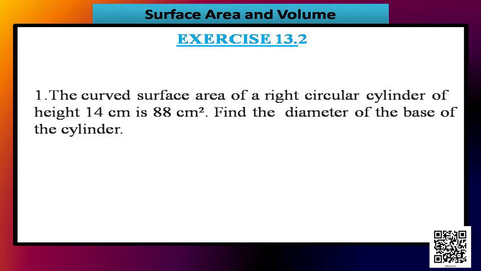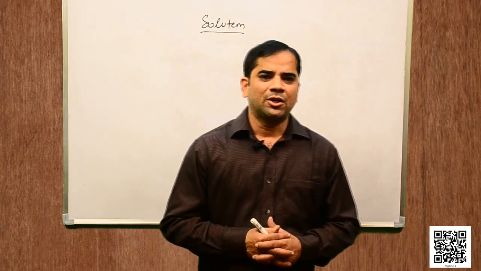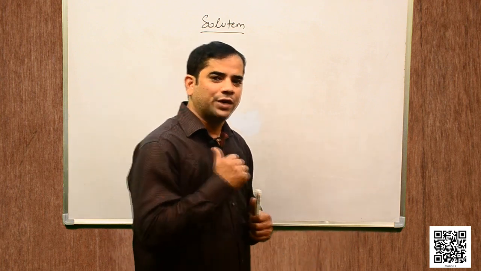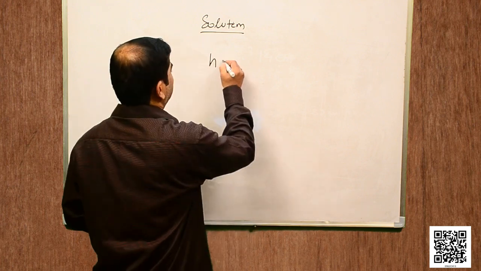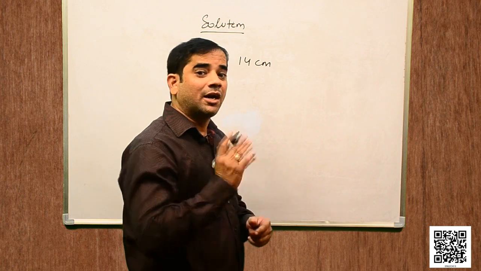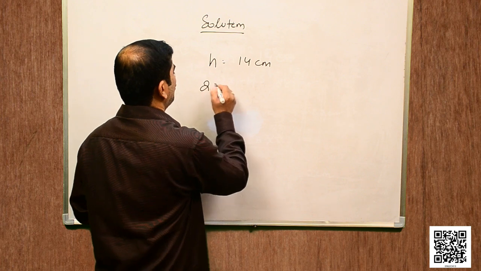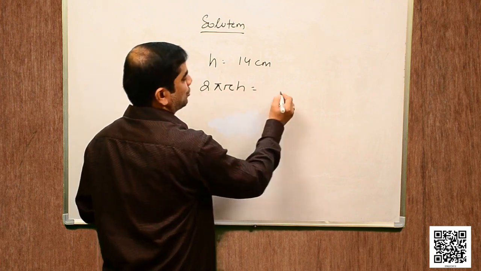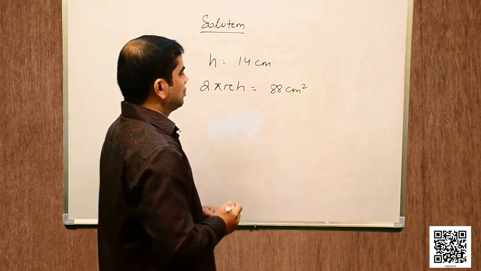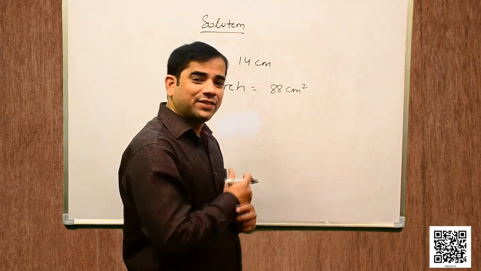So students, let us now discuss the solution. It is given that height of the cylinder is equal to 14 centimeter. So h is equal to 14 centimeter. And curved surface area of cylinder is 88 centimeter square. So 2 pi r h is equal to 88 centimeter square. To find out the diameter, we need to find out the radius first.